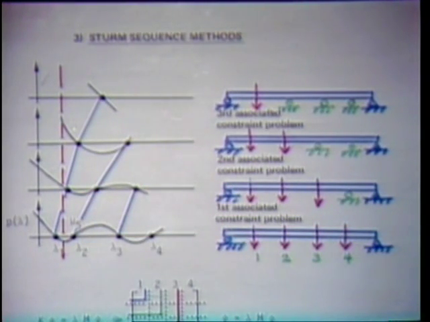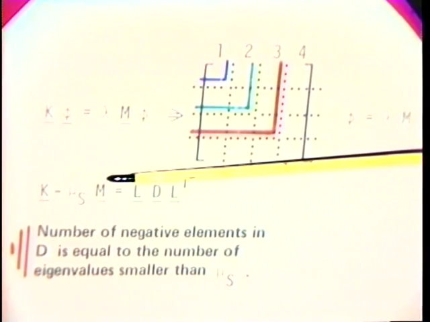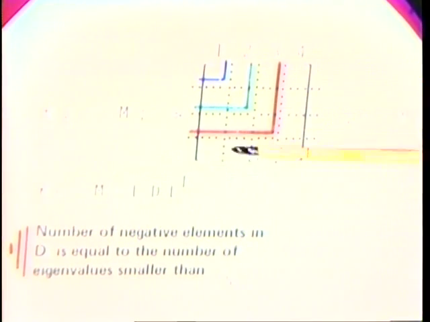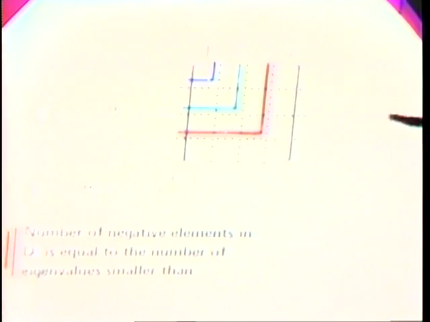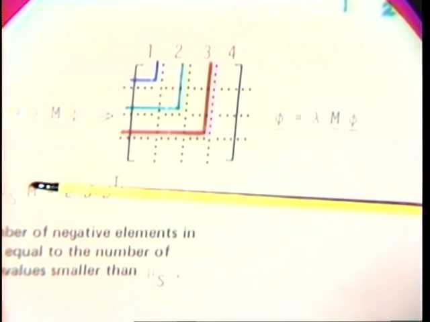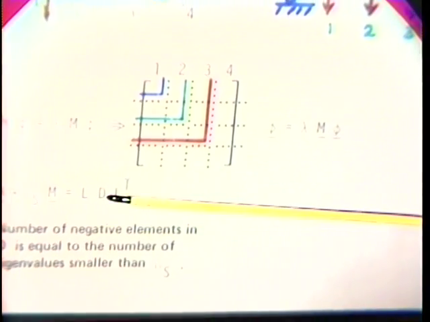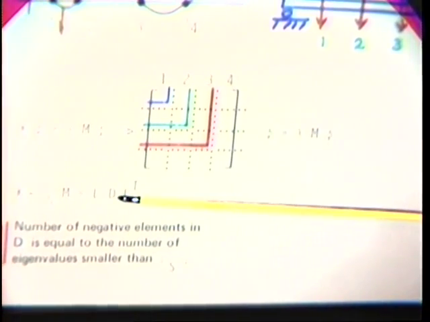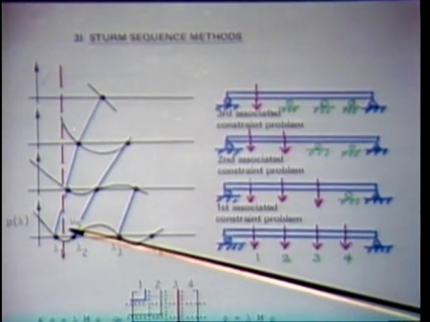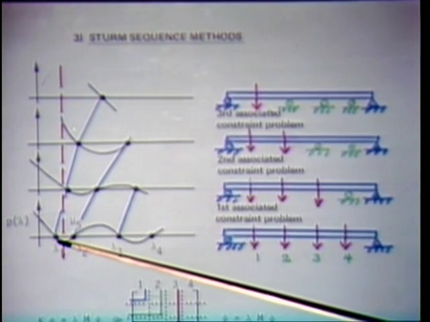What this theorem says is that if I factorize K minus mu s M, this being the total K matrix, and the 4×4 M matrix goes in here, then there will be one negative element in D. One only, because mu s is larger than lambda 1.